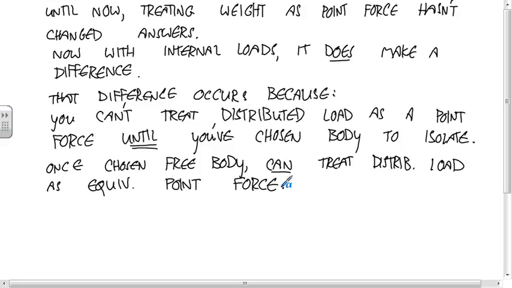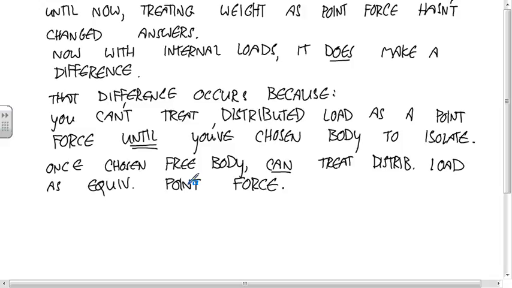Okay, so most of the class today, I'm going to do these two problems. I'm going to do a simple statics problem for a beam that's simply supported. And I'm going to show why treating it as a distributed load gives you the exact same information, values, answers, as treating it as a point force.